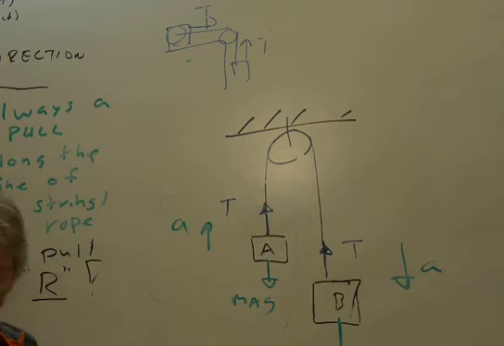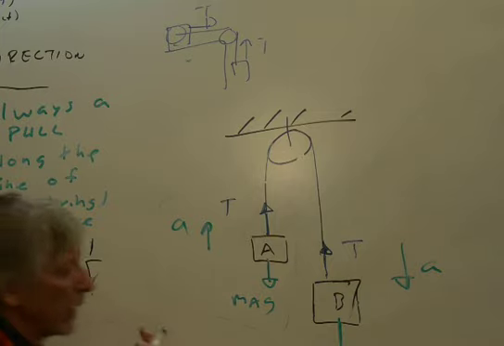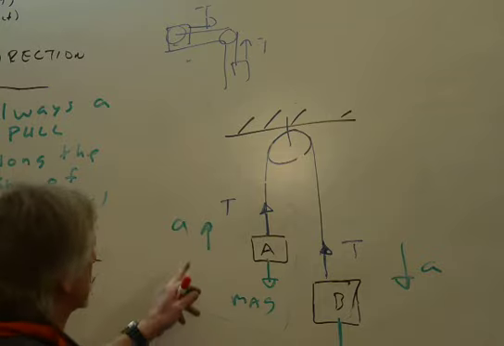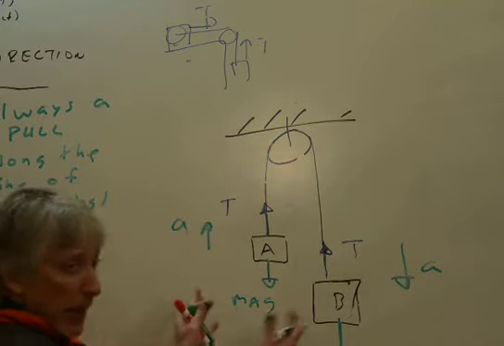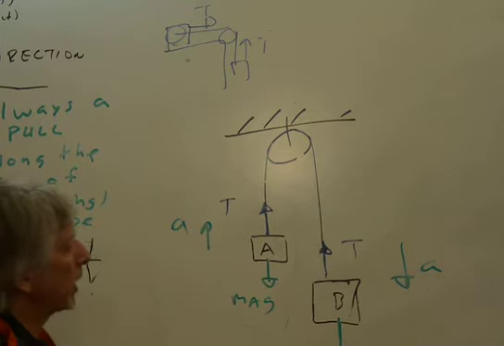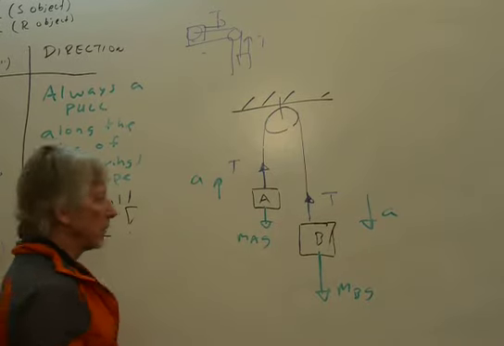So the last little bit here is, how are we doing? The key idea working with tension and connected objects is what direction do I use for my coordinates? And here's a tricky little bit.